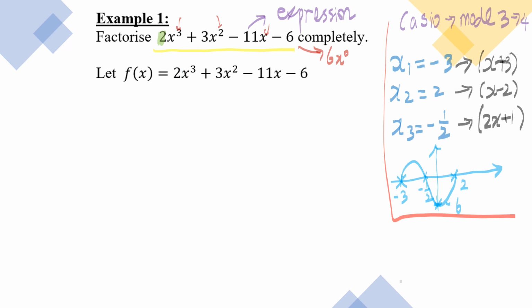Right. So now we have 3 factors here that you can choose. We would choose either the first one or the second one, or you can choose just one of them. So in this case, I'm going to use x plus 3.